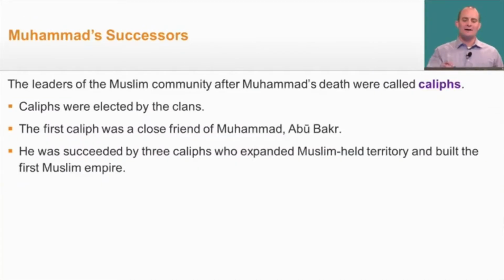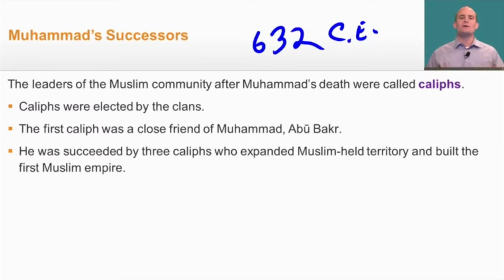After the death of Muhammad in 632 CE, the Muslim community turned to new leaders, and these new leaders were called caliphs. And caliphs were elected by their respective clans. And one of the first caliphs, or actually the first caliph, was a close friend of Muhammad called Abu Bakr.